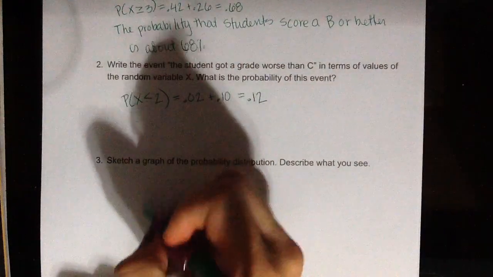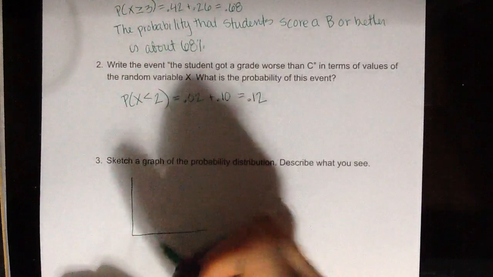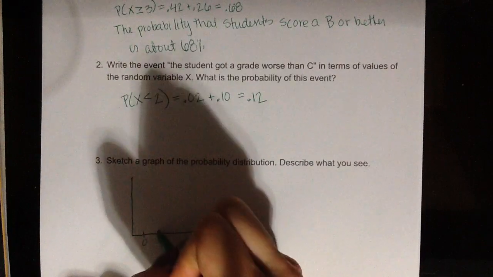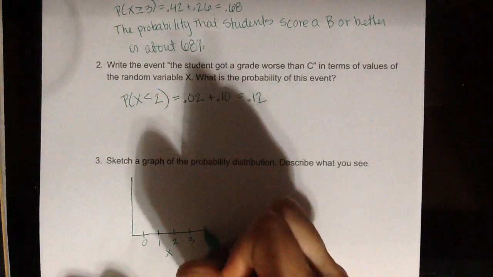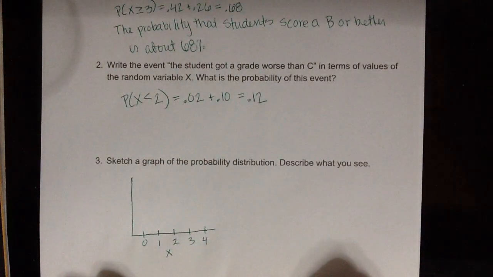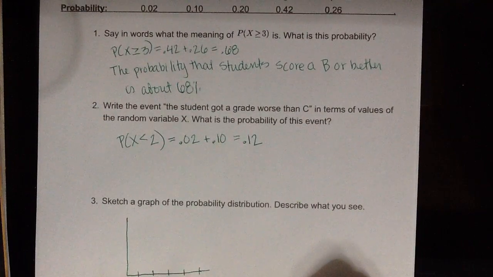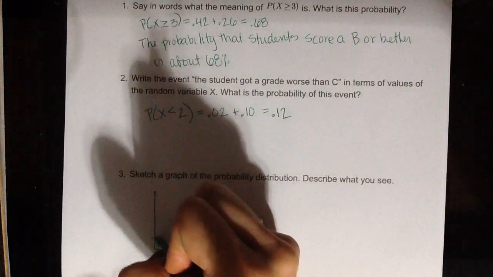So we're going to have x on our horizontal axis, and x takes on the values 0, 1, 2, 3, and 4. And then along the vertical axis, we would have the probabilities. And the highest probability, if we look back up there, was 0.42. So let's say I go up to 0.5.